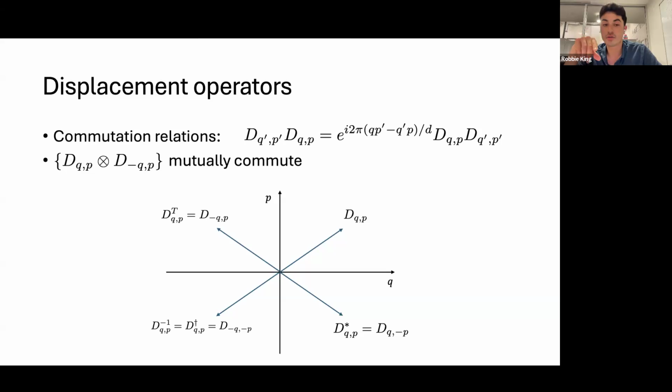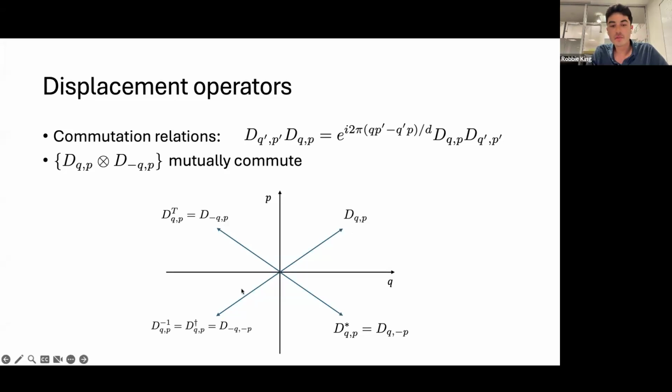But it is now true that D tensor D star, in fact its transpose, commute. Another way of looking at this is that D tensor D star commutes with another D prime tensor D star prime, because if I twirl the first two, I get this complex phase, and if I twirl the second two, I get the complex conjugate of the complex phase, and those two cancel out. So I get a commuting set of operators.